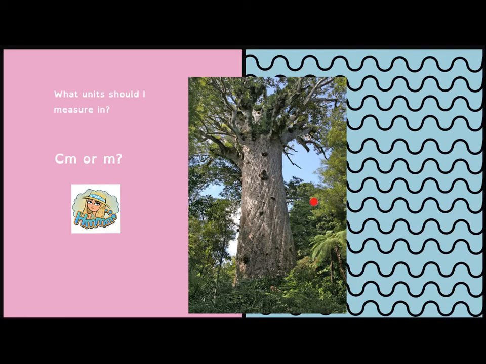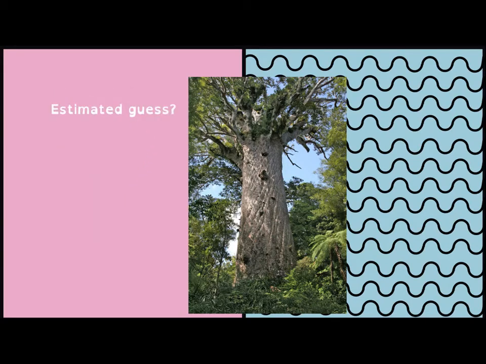So I think this big, ginormous tree, which is also known as Tane Mahuta, would be metres. I'm going to take an estimated guess that the length or height of this Kauri tree is around 20 metres.